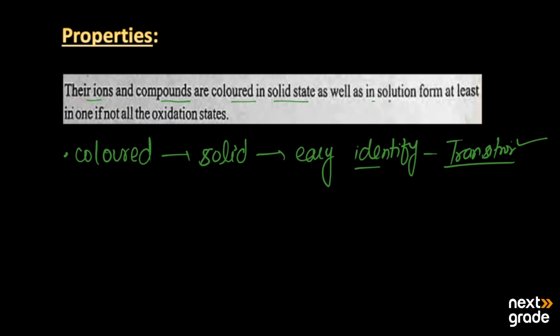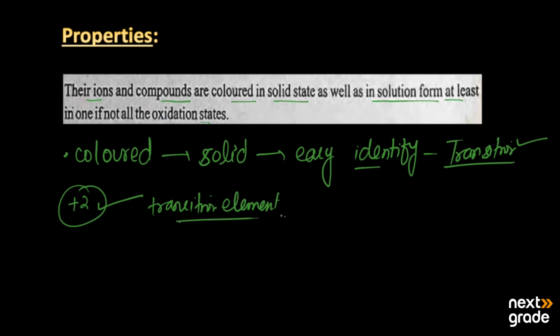In solution form, they also have colors, at least in one if not all oxidation states. So if some compounds have color in the oxidation state plus 2, from this we can identify their oxidation state as well as the transition element.